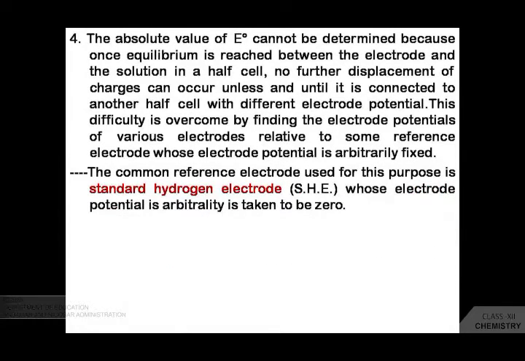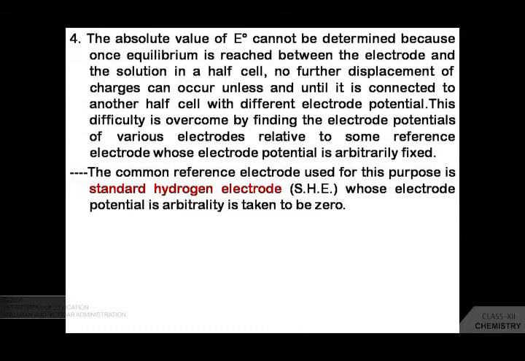The fourth point is the absolute value of E naught, the standard electrode potential. E naught cannot be determined, because once equilibrium is reached between the electrode and the solution in a half cell, no further displacement of charges can occur unless it is connected to another half cell with a different electrode potential.